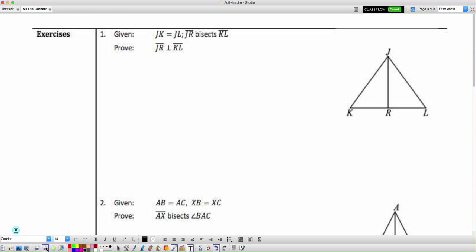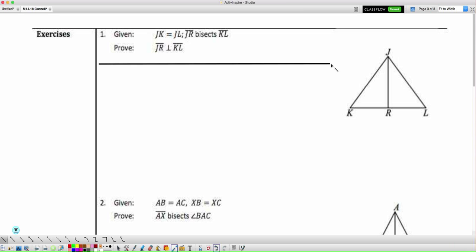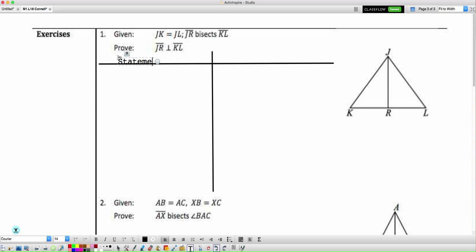So go ahead and flip over to the back. Here we start with a new triangle, a new proof. So I'm going to start with my statements and reasons. And now again, I want to label what's given to me.